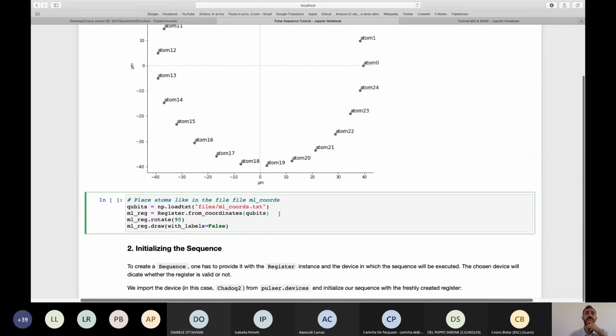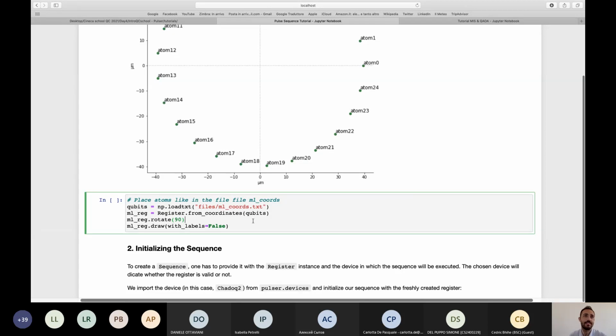You can also consider this file of coordinates and place the atoms in accordance with the coordinates in this file. So the file name, this is a question for you.